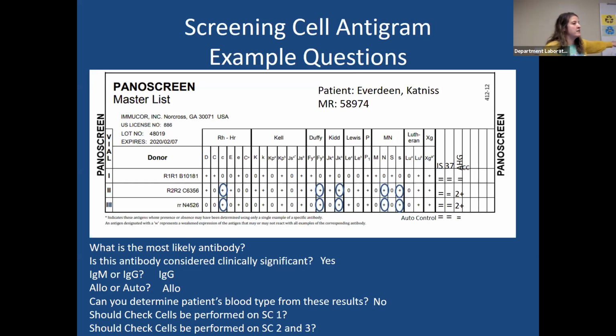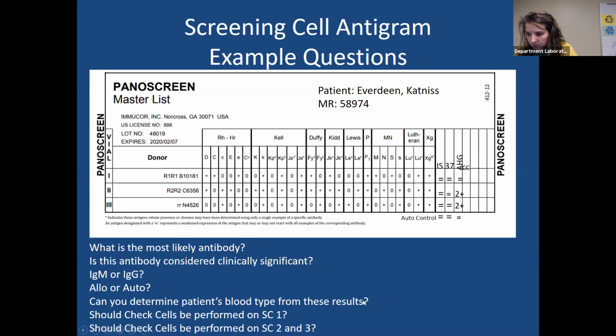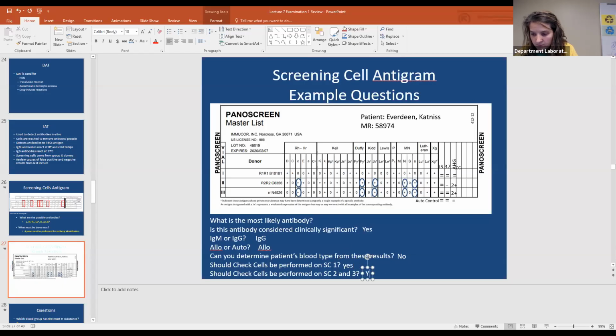So should you add check cells to screening cell 1? Yes. Should you add check cells to, dang, that's yes. I must have been asleep when I did this. Add those backwards.